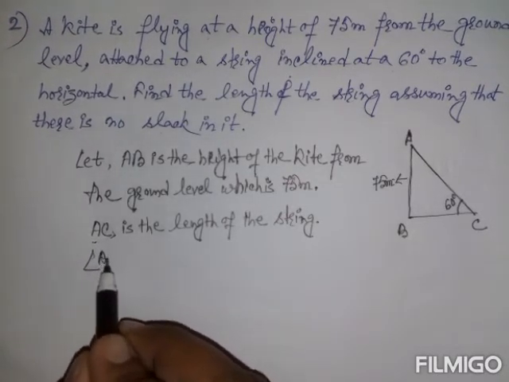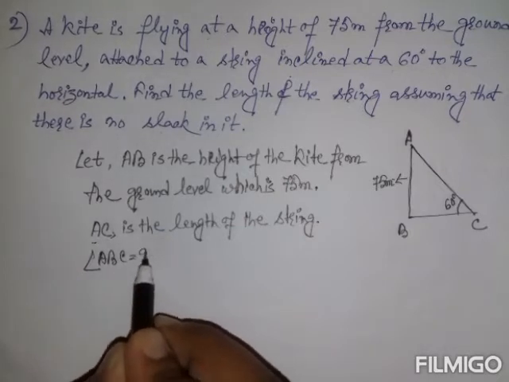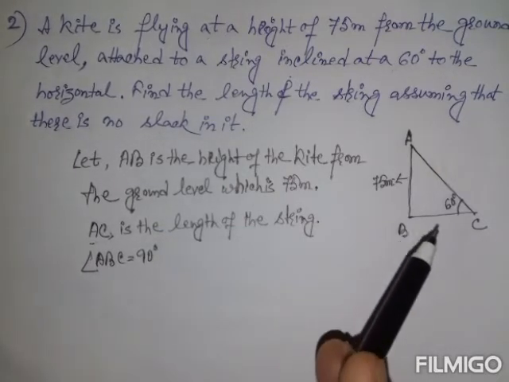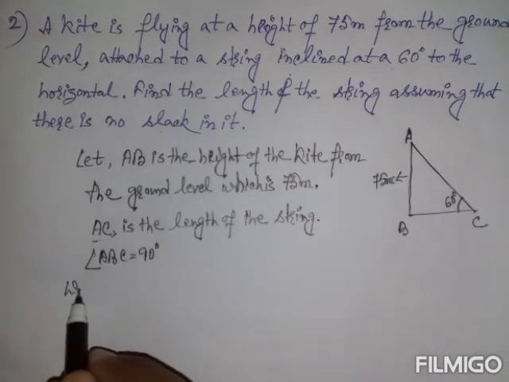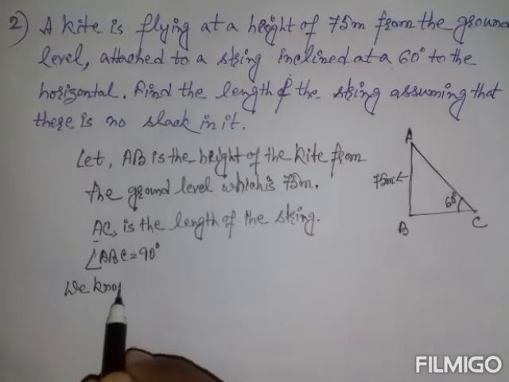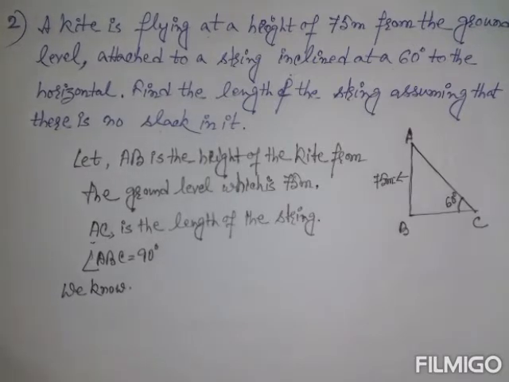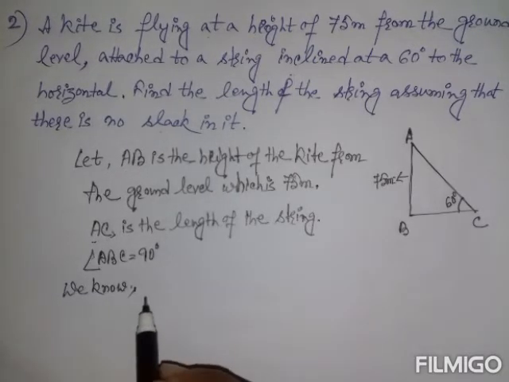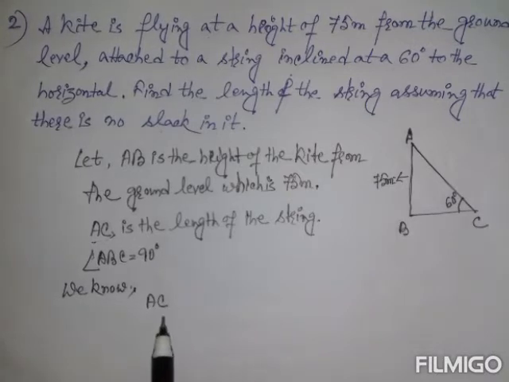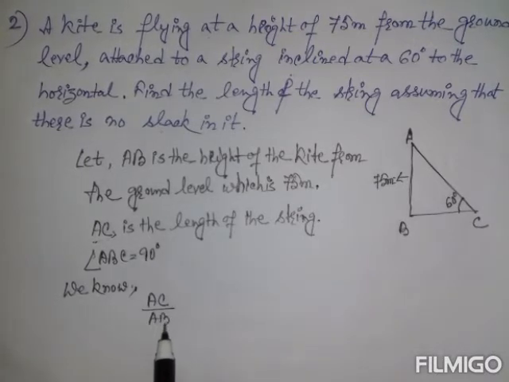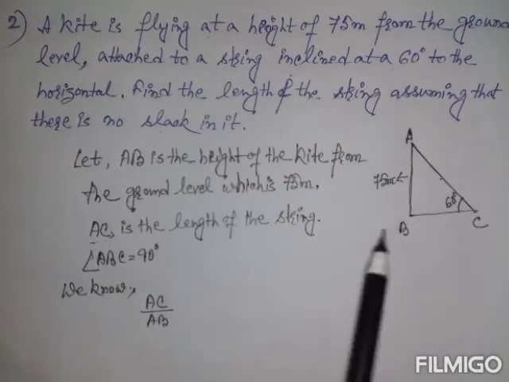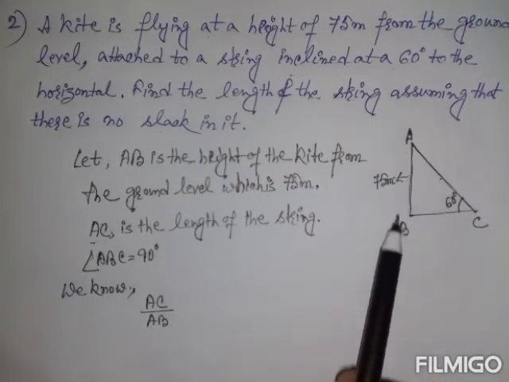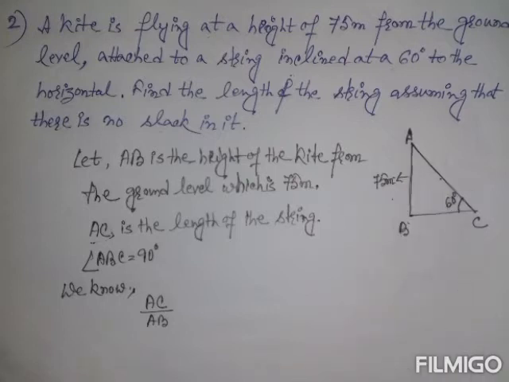Angle ABC is equal to 90 degrees. So it is a right angle triangle. Now we know, with respect to that, it is a right angle triangle. AB is perpendicular and AC is hypotenuse.